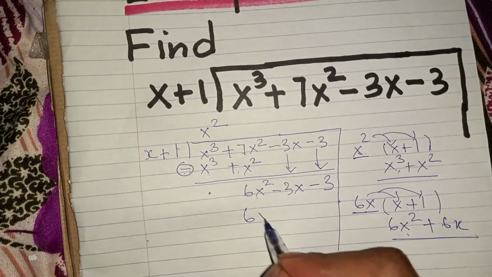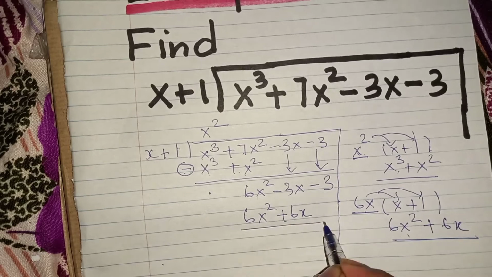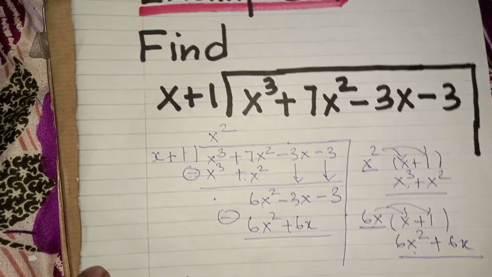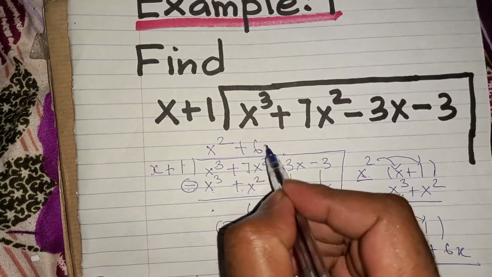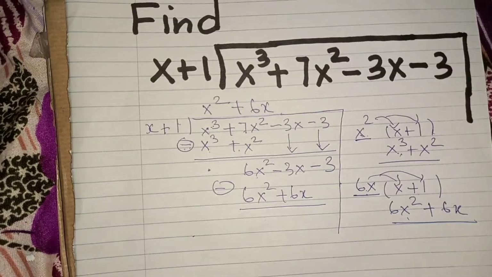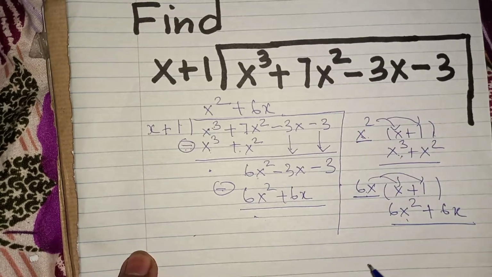Now 6x squared will go here plus 6x, and then you're going to subtract them. Whatever you are multiplying will go on the top, 6x. Now when you subtract 6 minus 6 you get nothing.